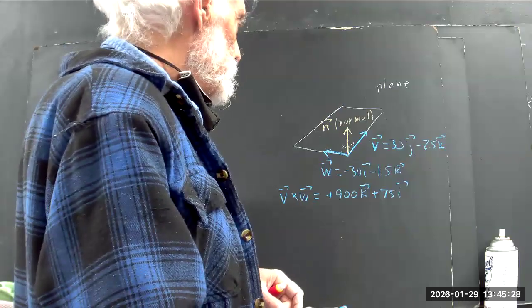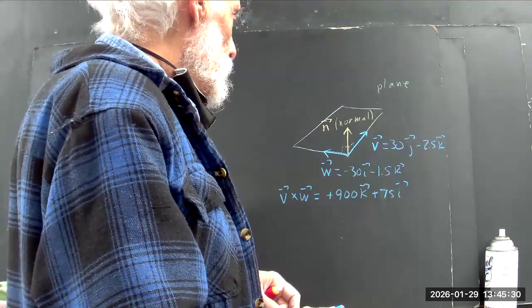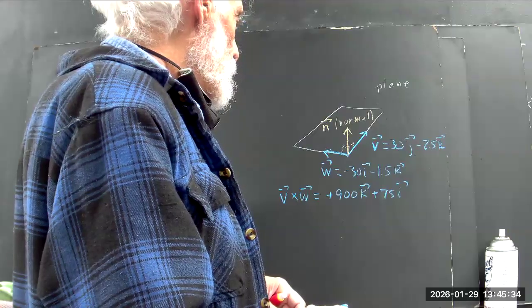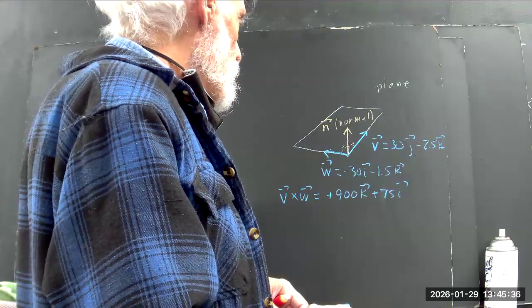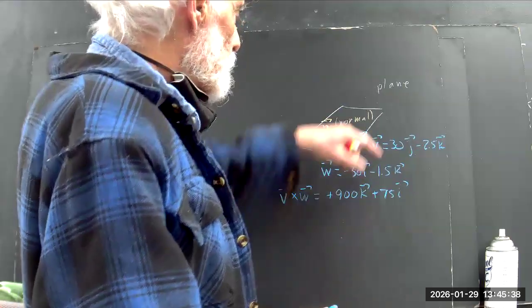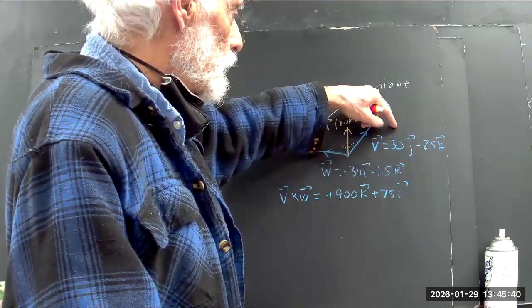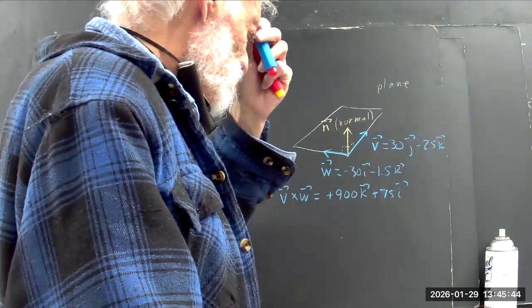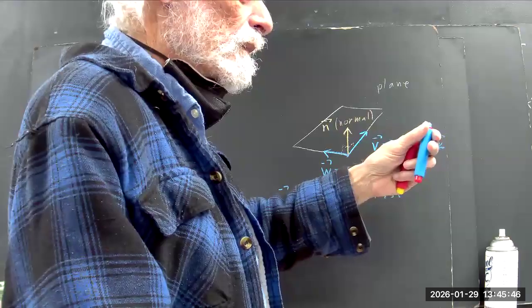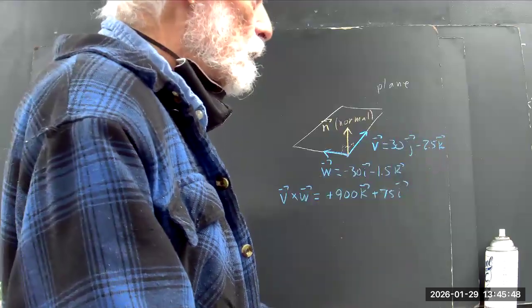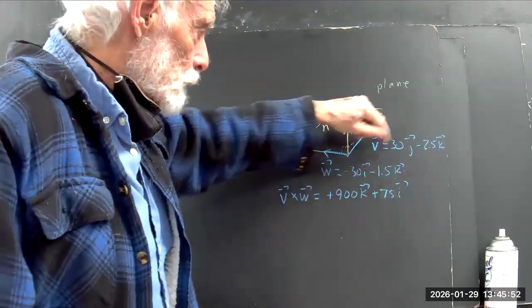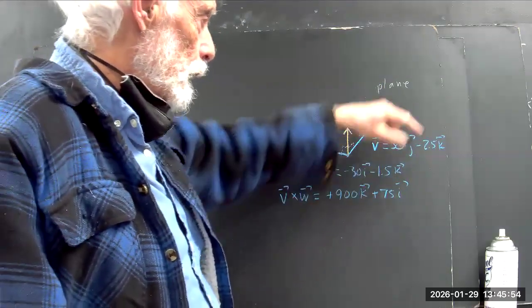And then we have the J cross K. I'm losing track of what I'm doing because I want to look at it backwards. This cross this is plus 900K.